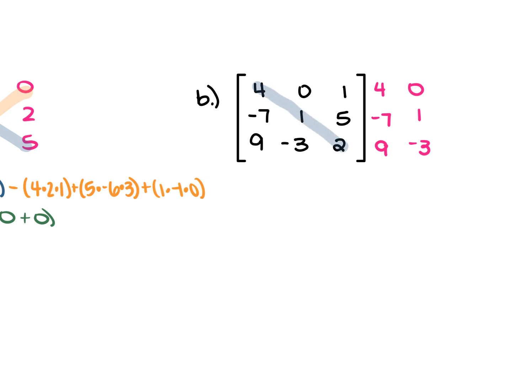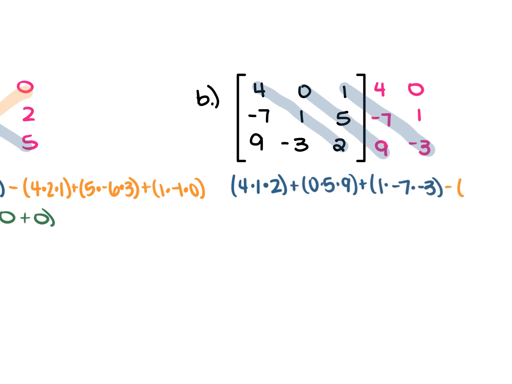So that's the 4 times 1 times 2, the 0 times 5 times 9, and the 1 times negative 7 times negative 3.